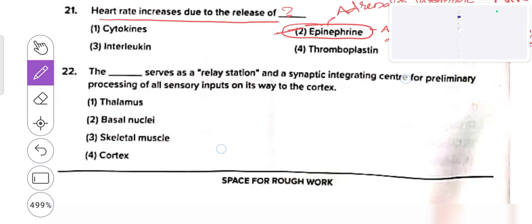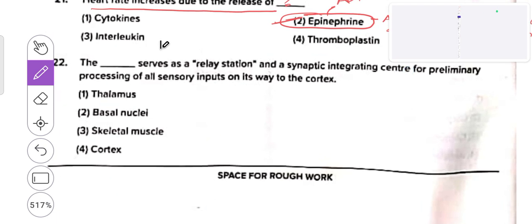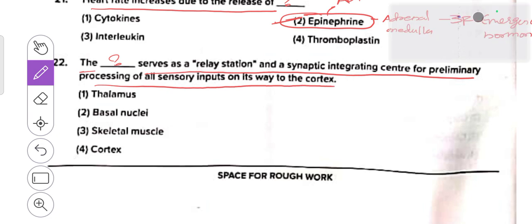The next question, 22. The dash serves as a relay station and a synaptic integrating center for preliminary processing of all sensory inputs on its way to the cortex. So, in the brain, you'll come across the thalamus.